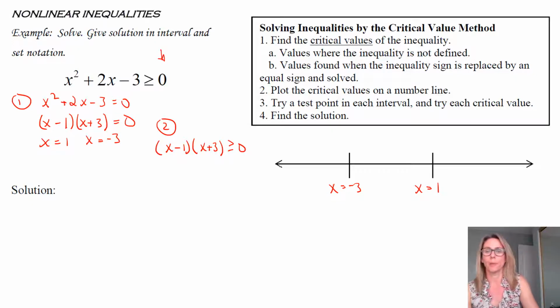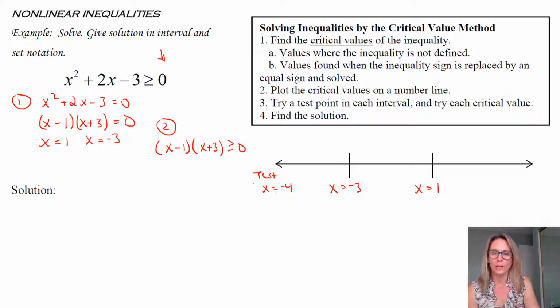Then I'm going to pick any value at all that is less than negative 3. Anything will work. A lot of students, if I say pick something less than negative 3, say negative 4. It's the first thing they think. But really, any value will work. So now we're going to test some values here. Sure, let's pick x equals negative 4.